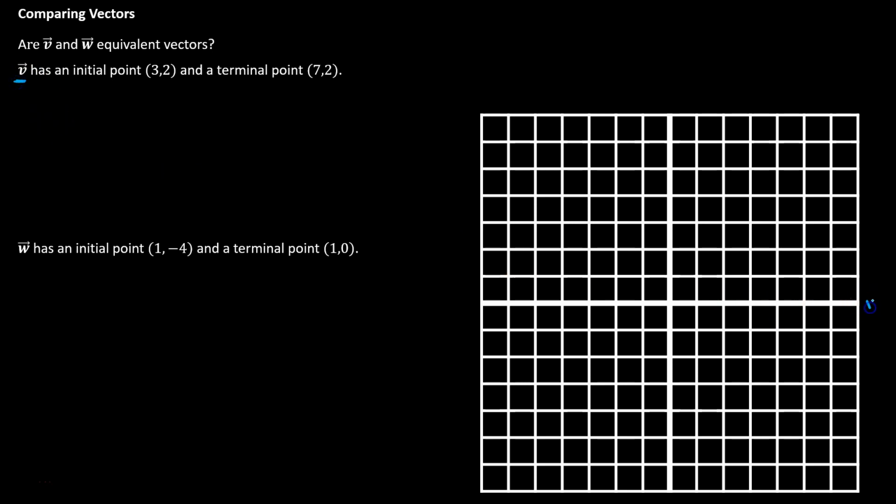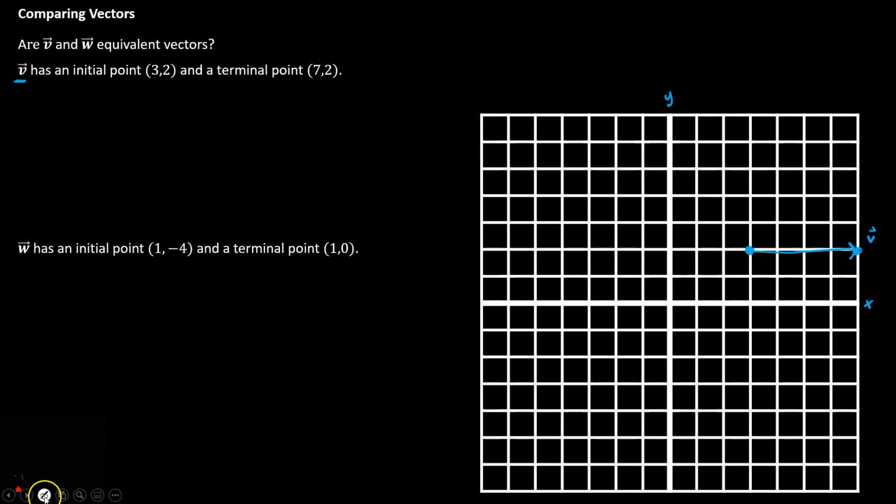So if I have my x-axis and my y-axis, let's graph our initial point at (3, 2). So 1, 2, 3, up 2. The terminal point for v is at (7, 2). So 1, 2, 3, 4, 5, 6, 7, up 2. There we go. There is our vector v.